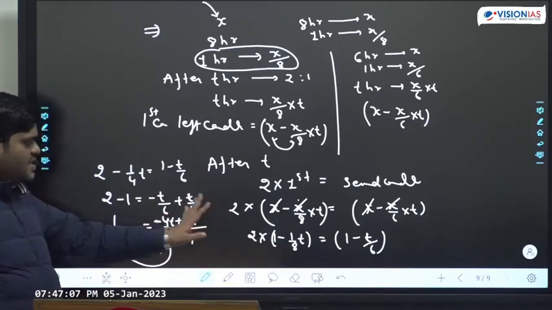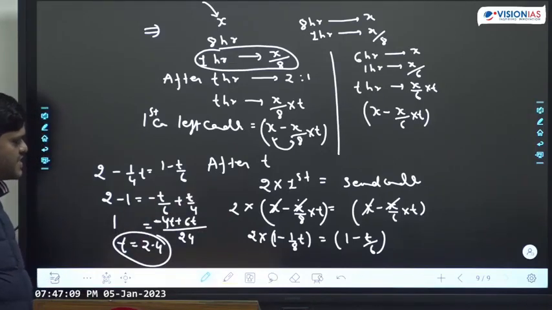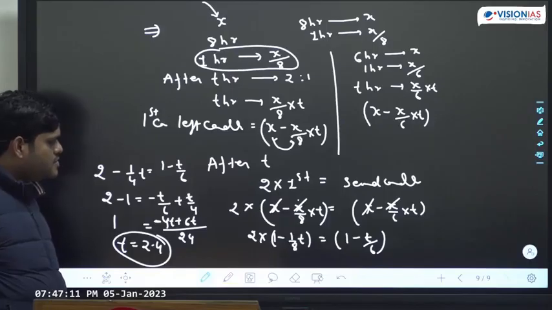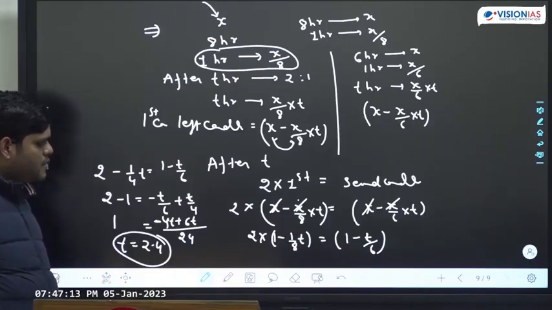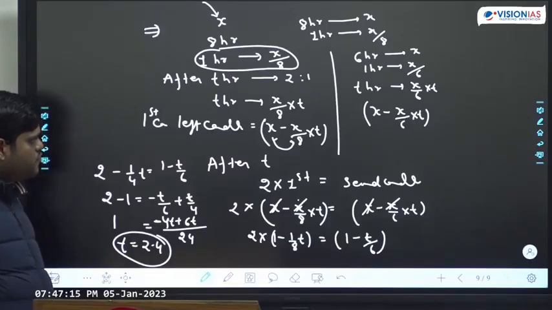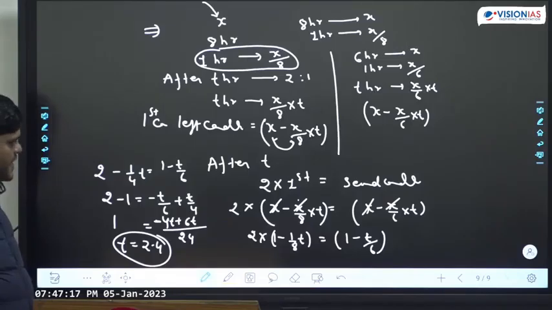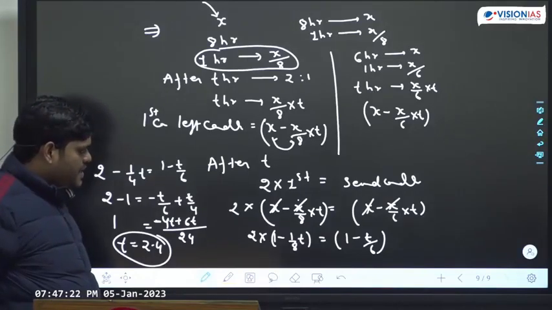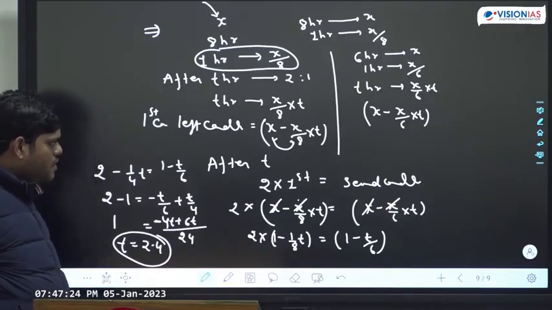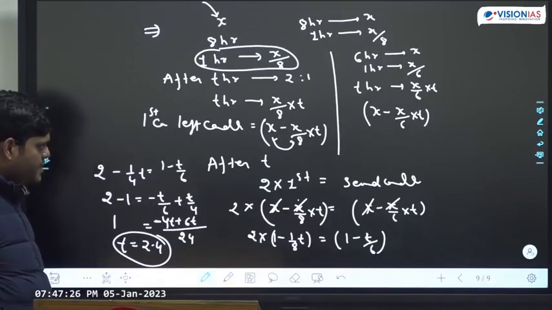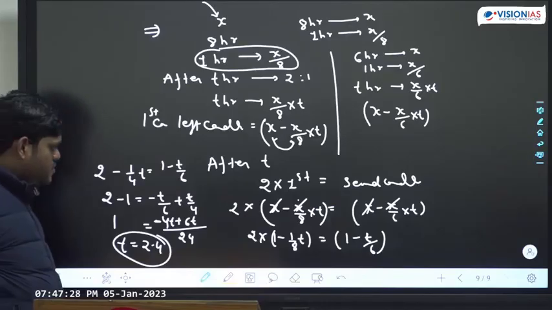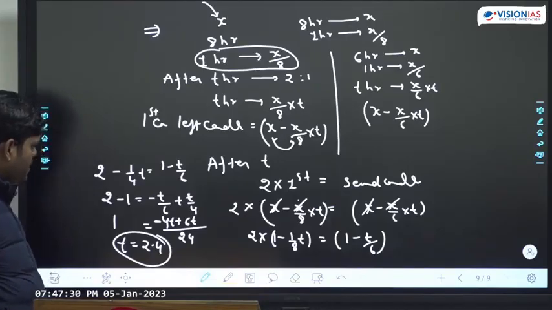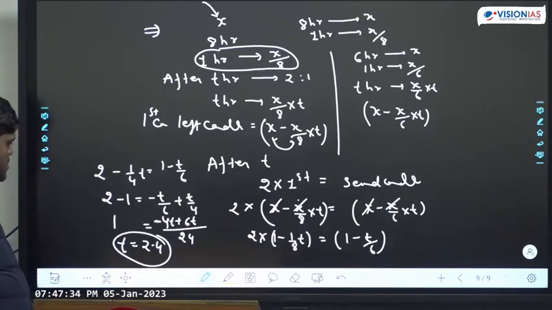See, the logic is correct. The first candle is X minus X by 8t. So twice of X minus X by 8t is equal to X minus X by 6t. So 2 minus 1/4t is equal to 1 minus t by 6.